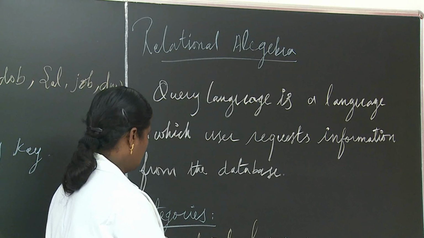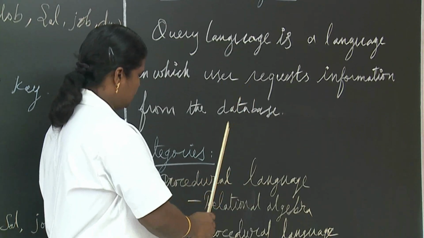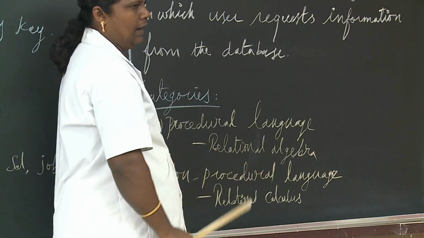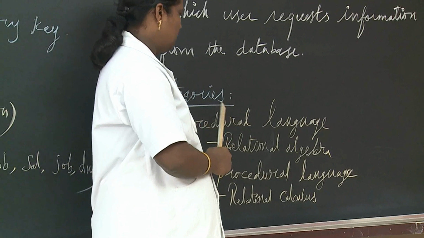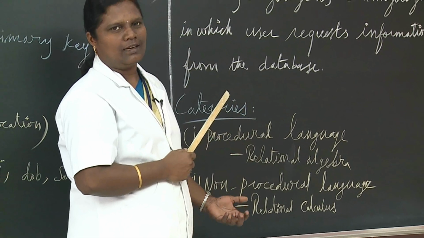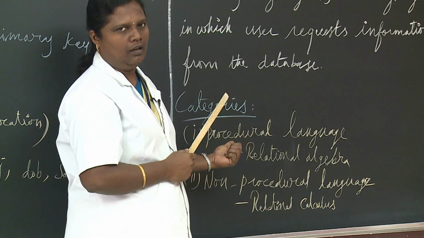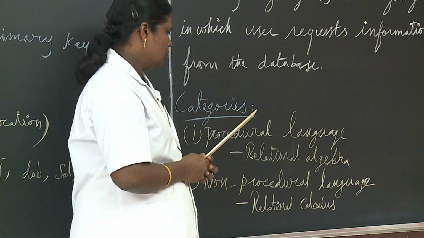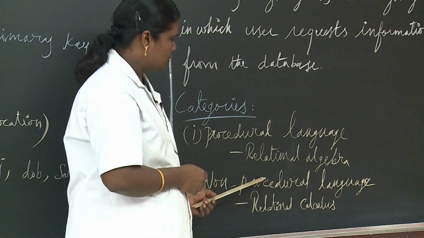It considers two categories: procedural languages and non-procedural languages. In order to extract the data we need to consider two types of languages. With a procedural language, we need to instruct the system how to extract the required data from the database. That is known as relational algebra. The second one is non-procedural language.